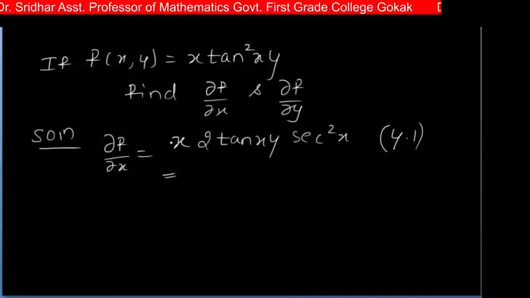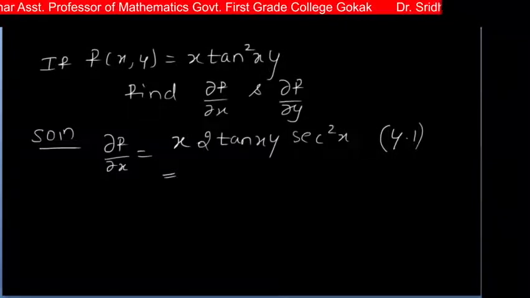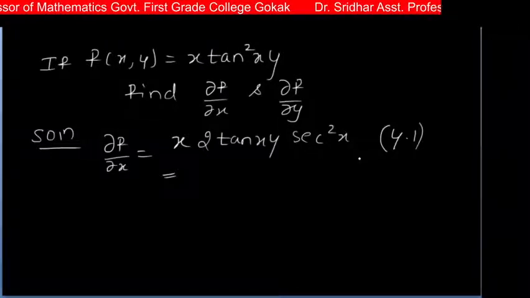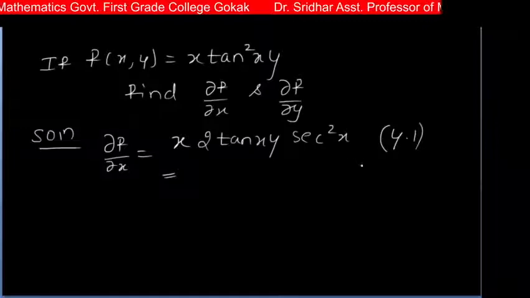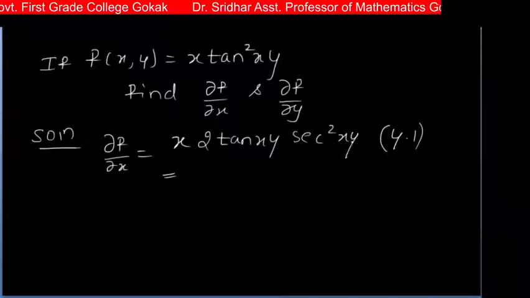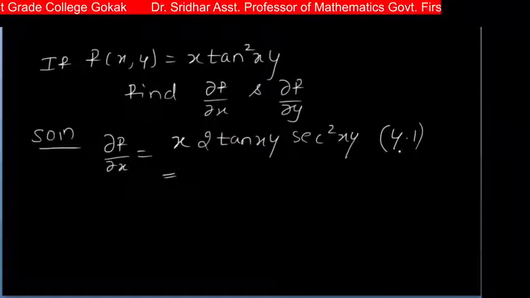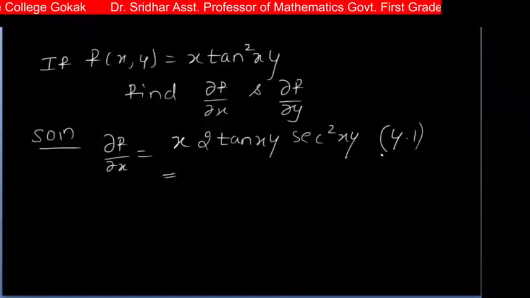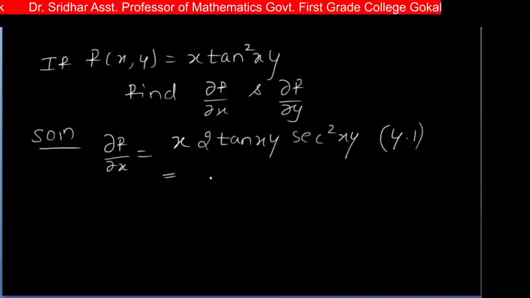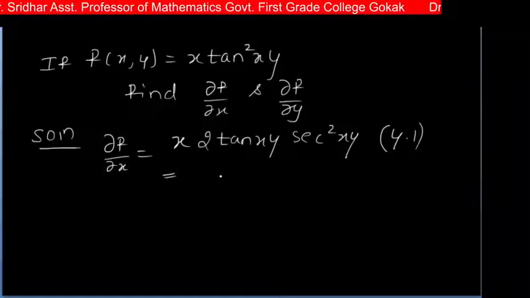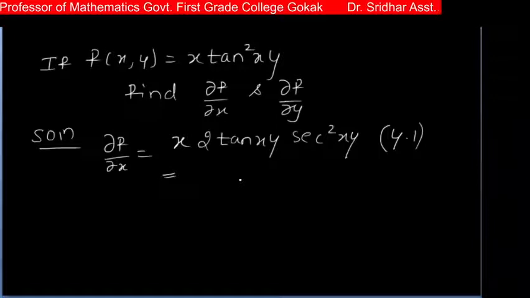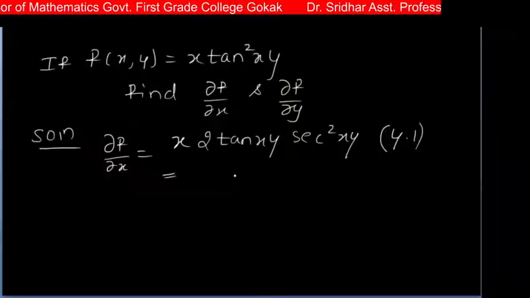First function x as it is, the differentiation of tan square xy is 2 tan xy into the differentiation of tan xy, which is sec square xy, into the differentiation of xy, which is y into the differentiation of x, which is 1.